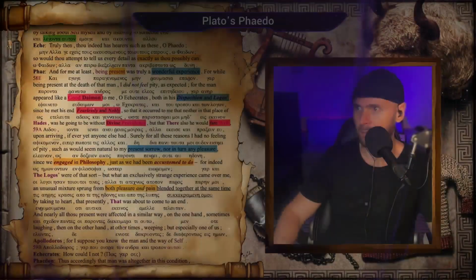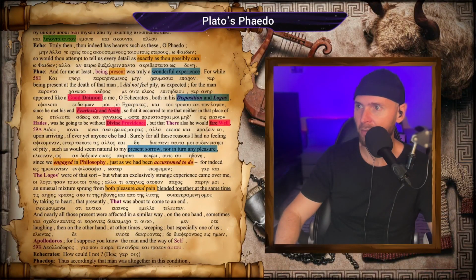And as such, he met his end fearlessly and nobly. It occurred to me that neither in the place of Hades, where he was going, would he be without divine providence, but there he would also fare well upon arriving, if anyone ever had. Another two.